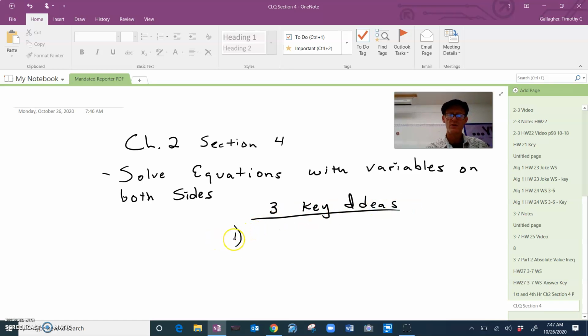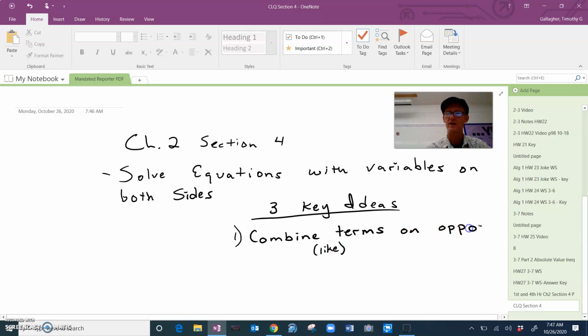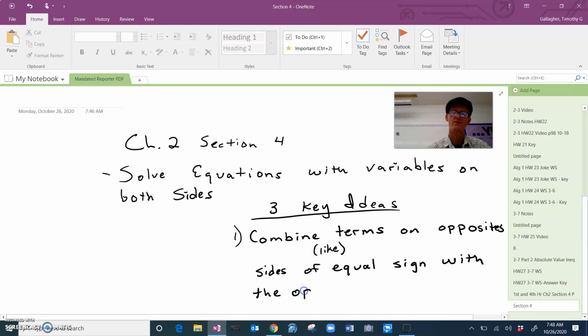One is you combine like terms on opposite sides, or different sides, of the equal sign with the opposite terms.